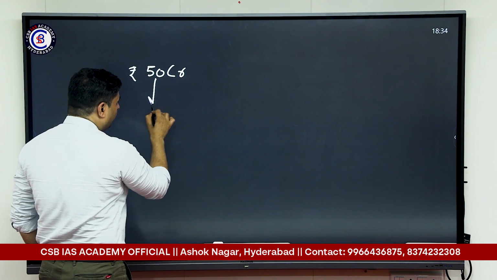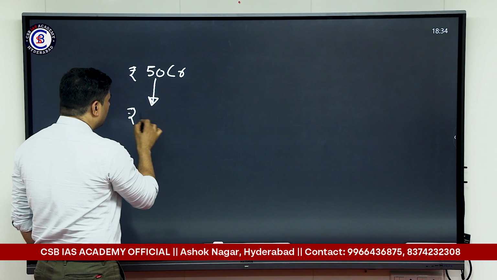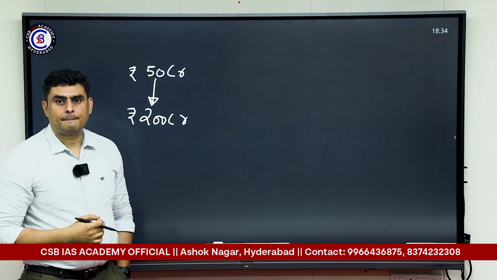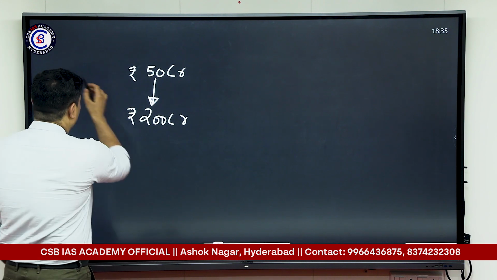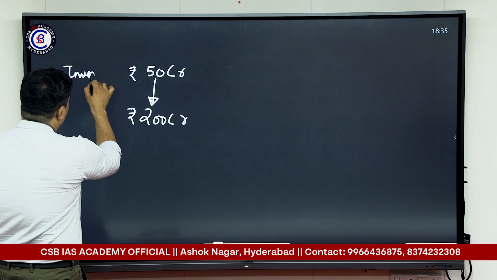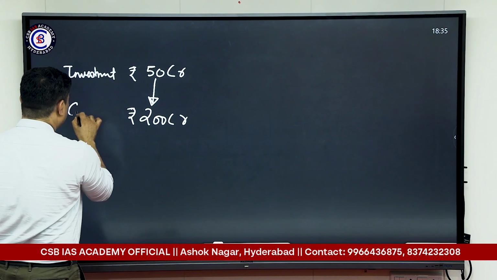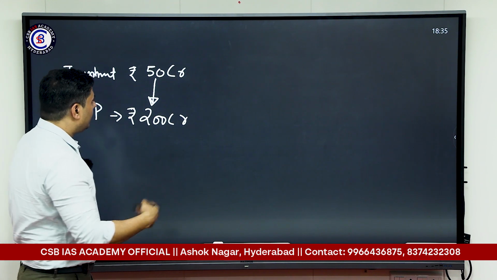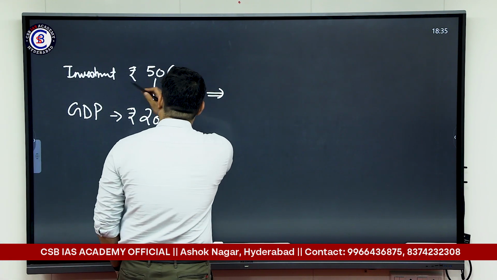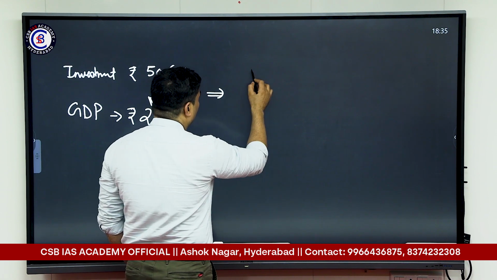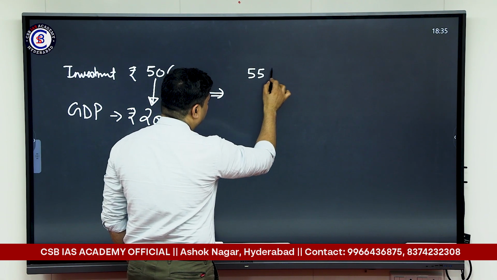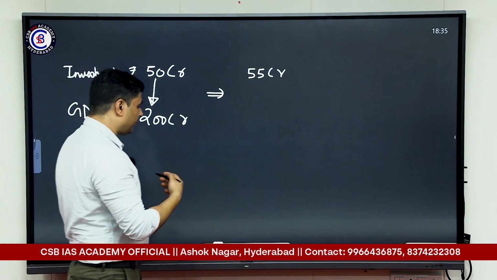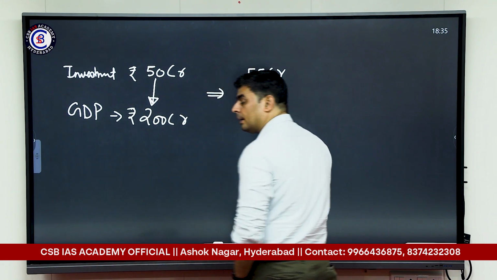When the investment of 50 crore rupees is made, a GDP of 200 crore is generated. Now investments are increased to 55 crore. Means 5 crore additional investment we are able to make.